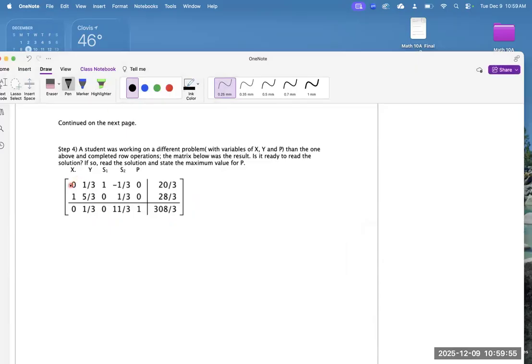All columns that have nothing but zeros and only one single non-zero value are the active columns. So this is an active column because it has just one single non-zero number. This is an active column because it has one single non-zero number. This is an active column because it has one non-zero number.